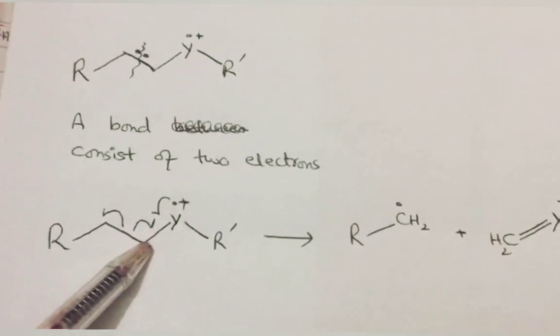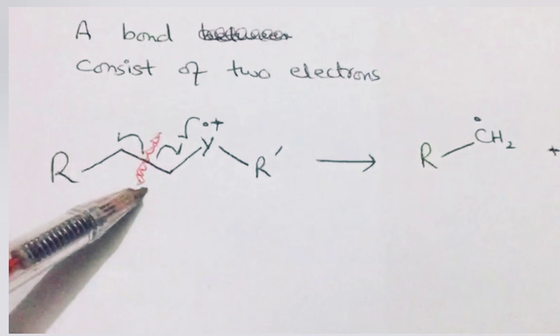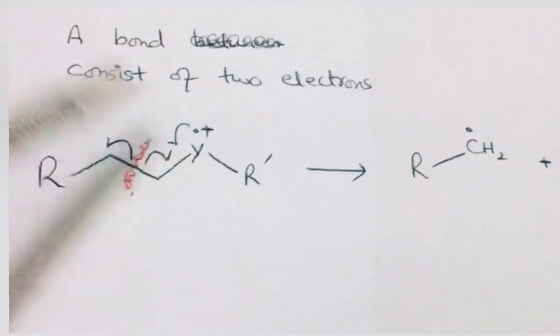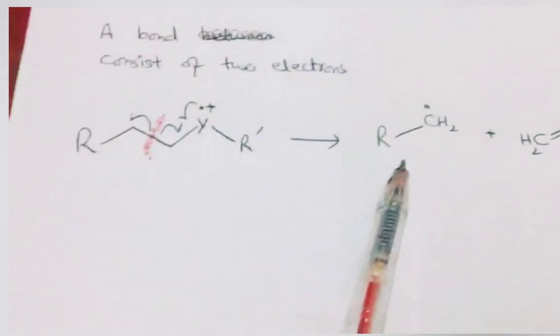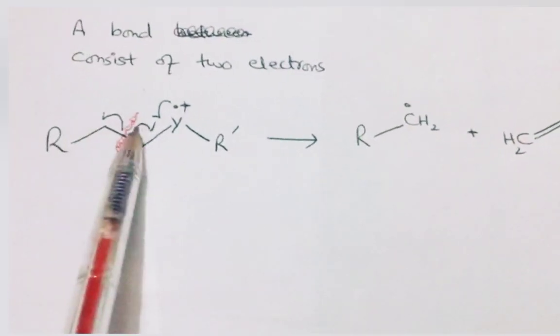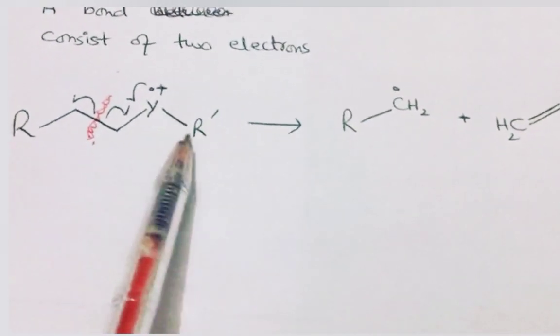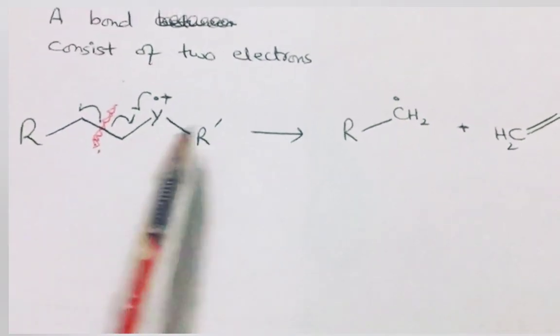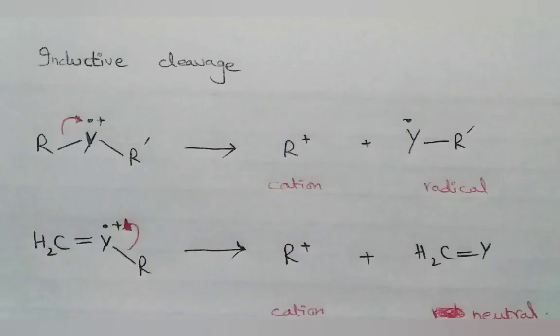At the end we end with two fragments, one with the radical and the other the cation. Here the bond which breaks is shown by the red line, and then we end with this radical fragment and a cationic fragment, and you can see there is a double bond between the heteroatom and the alpha carbon.